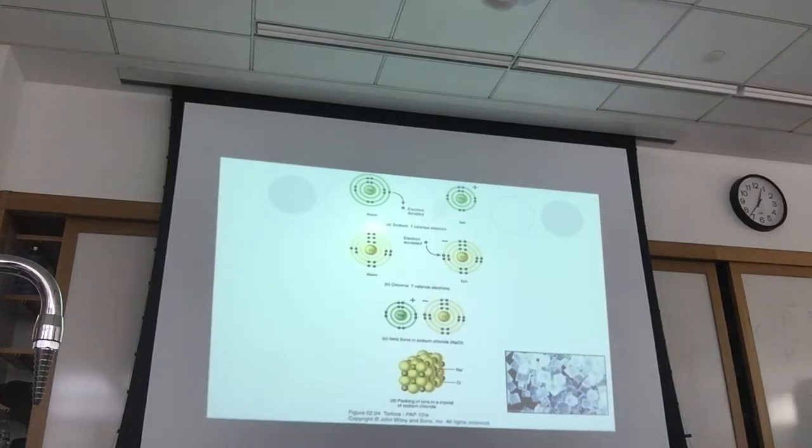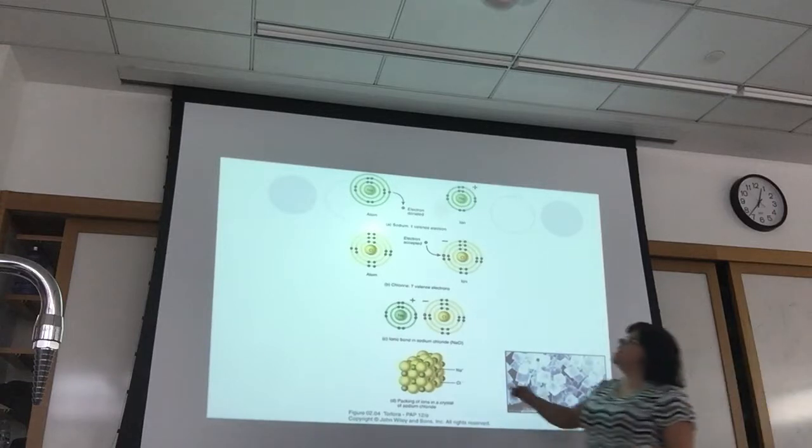If a sodium atom, let's say, gives up 1 of its negatively charged electrons, are the number of protons going to equal the number of electrons? Nope. No, they're not.